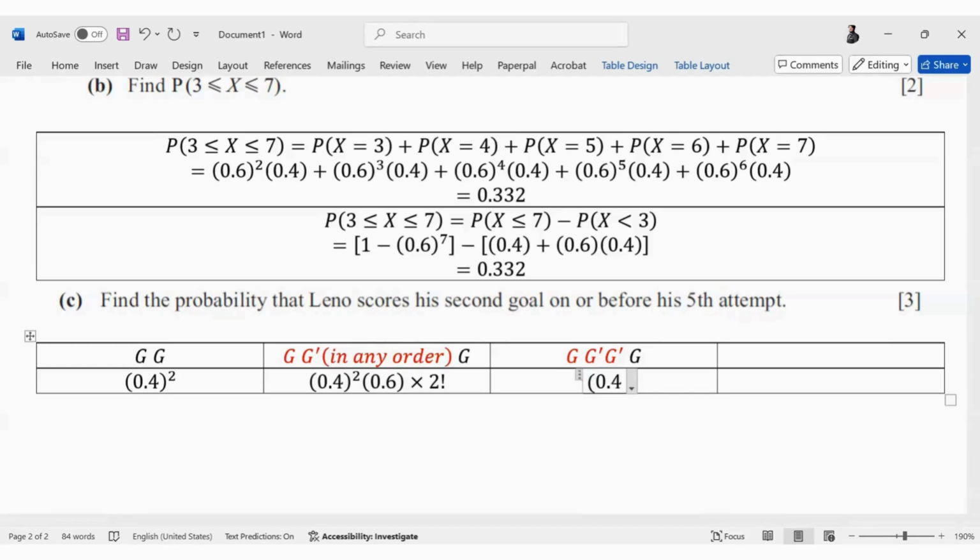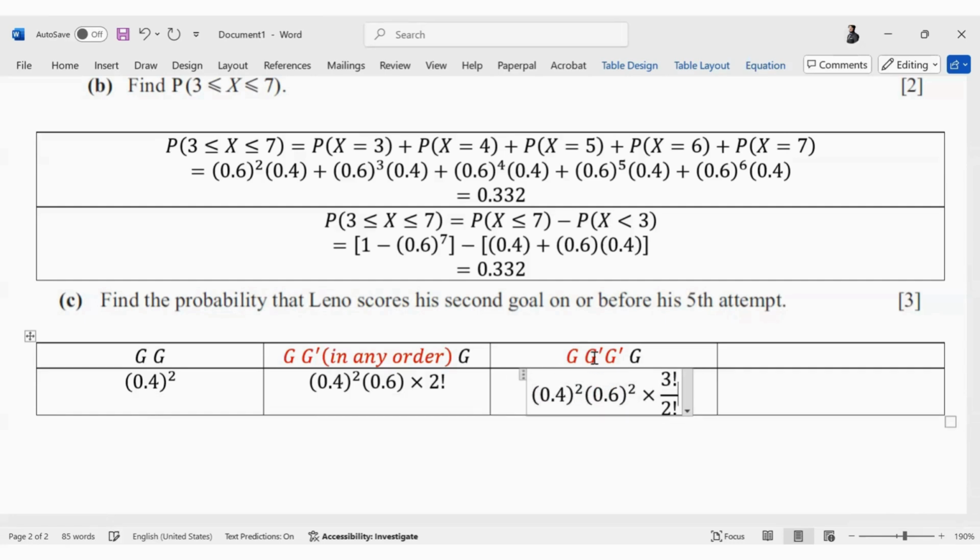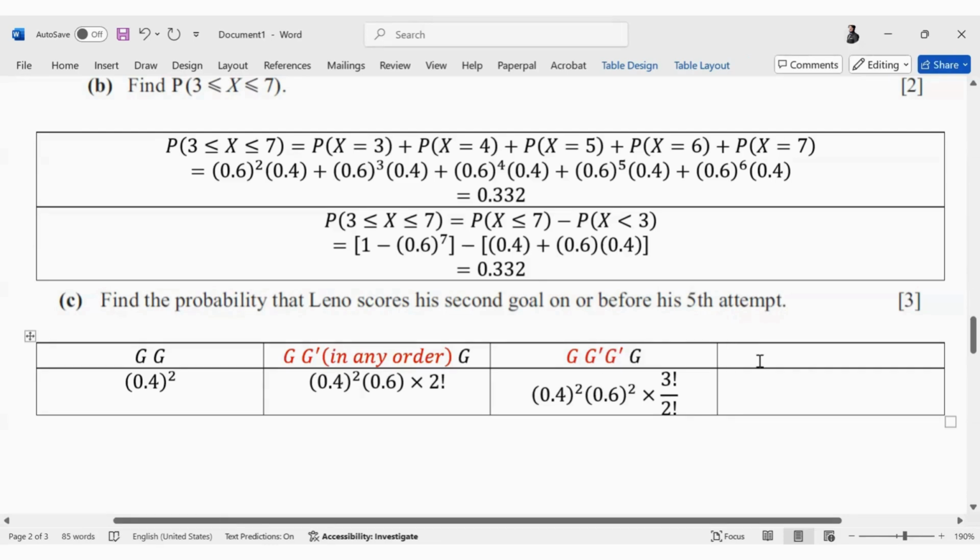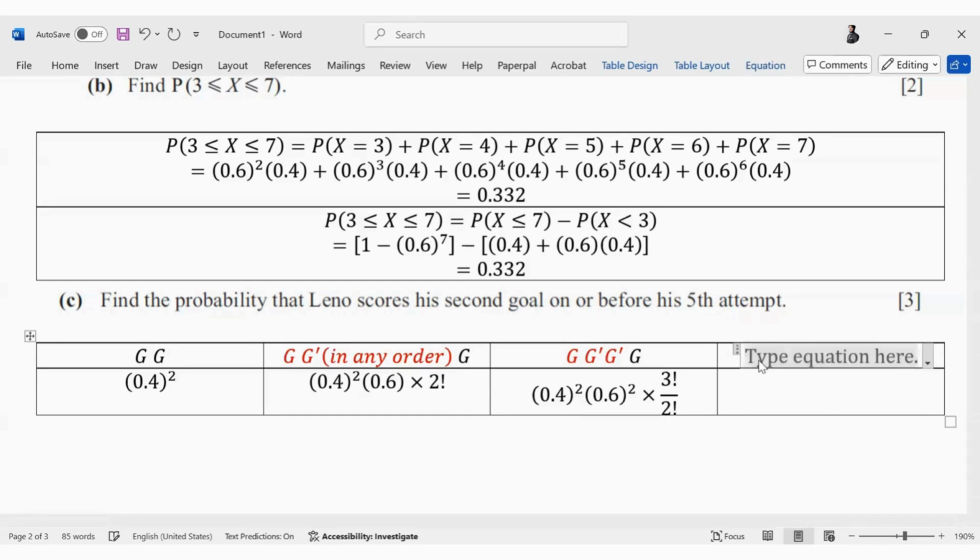So 0.4, 2 goals and 2 goals not. And the order is 3 factorial upon 2 factorial, because 2 goals not are the same. And then there is goal, goal not, and again not a goal.